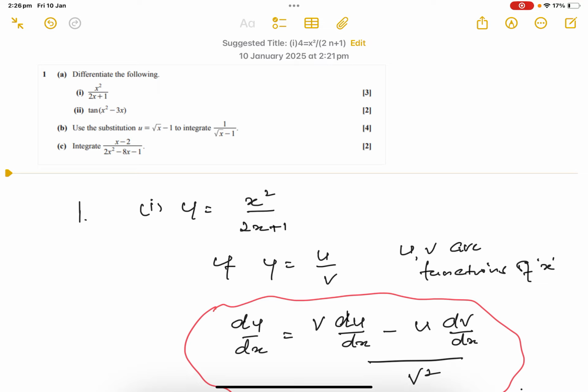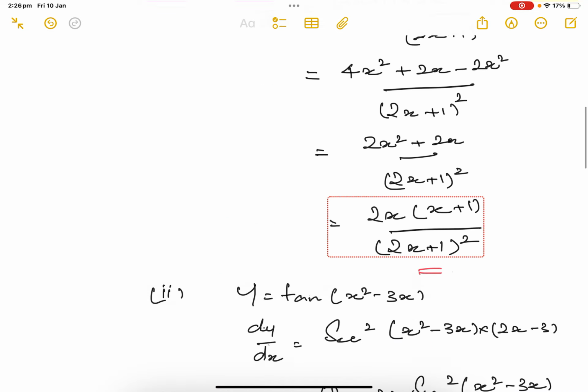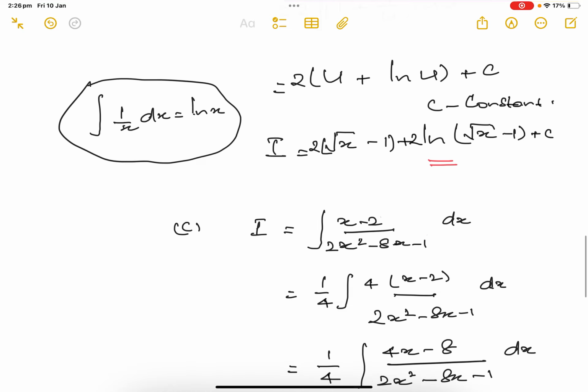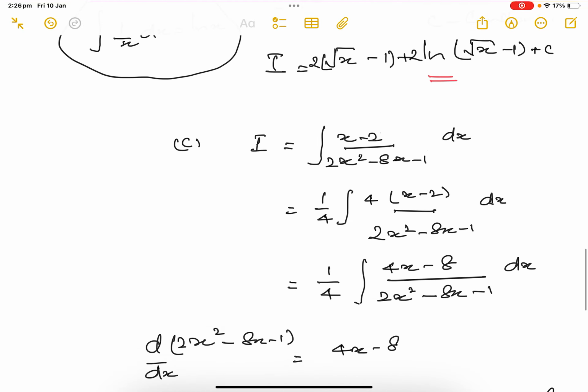That is: integrate x minus 2 divided by 2x squared minus 8x minus 1. So I equals the integral of x minus 2 over 2x squared minus 8x minus 1. When you have a question, sometimes if you look at the previous part, there's a hint in it. The first part involved ln, the log function.